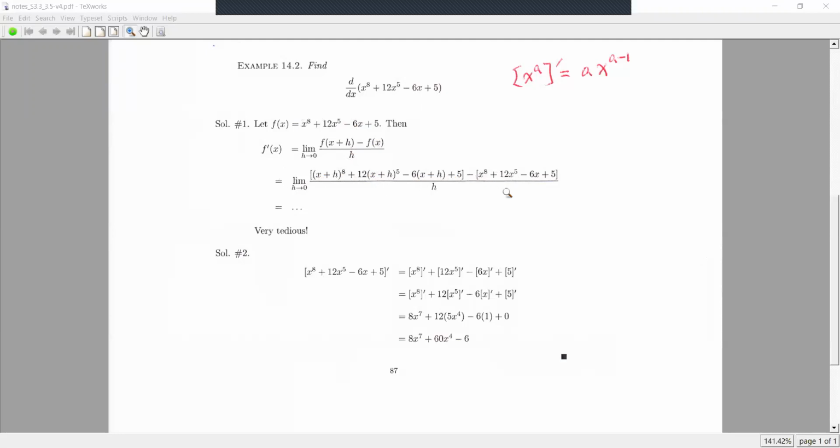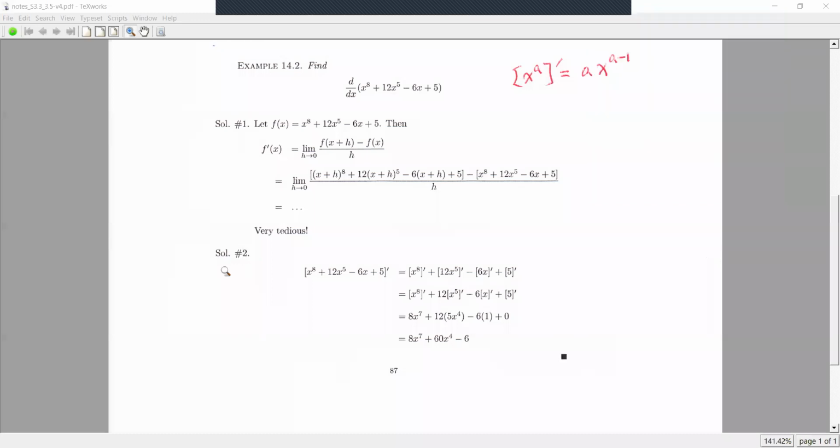To find this limit, plug in 0 for h, but then I will have 0 over 0. I cannot tell the limit. To tell the limit, simplify the function. I expand the 2 powers, then I see many cancellations. This solution is very tedious. Let me skip this solution.